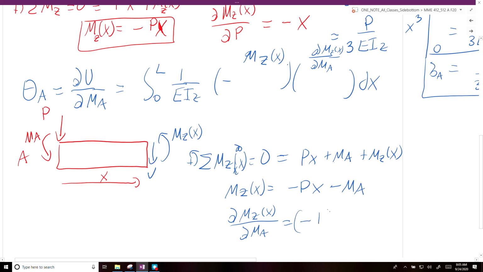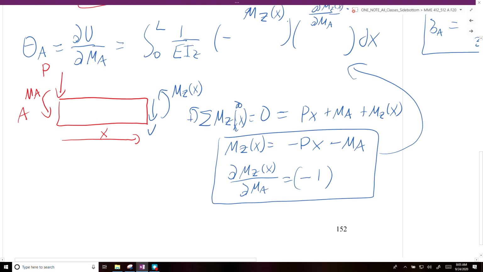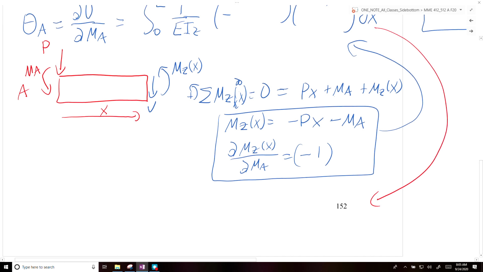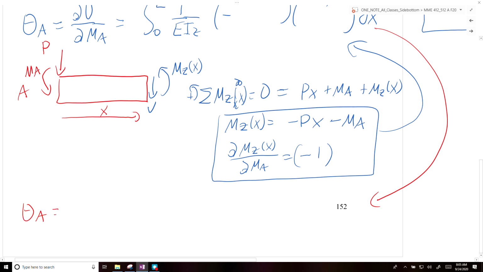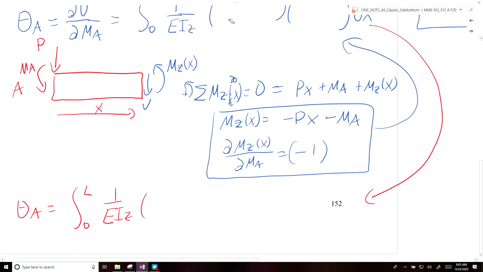Alright, so we can plug these two values into our equation above. If we do that, our theta A term is going to be equal to the integral from 0 to L of 1 over EIz times negative P x minus MA times -1 dx.